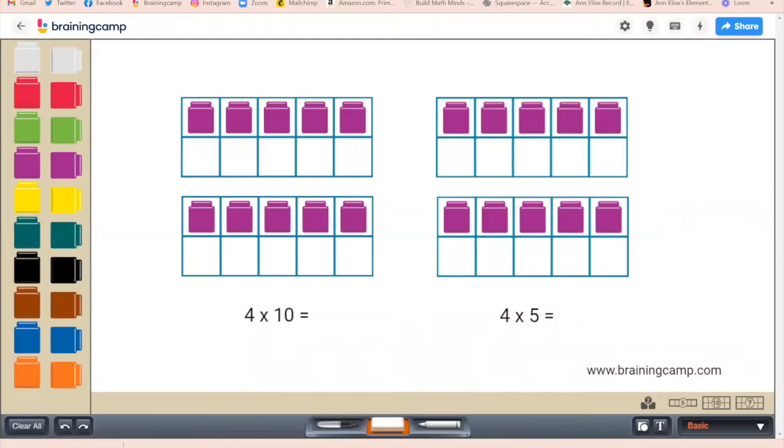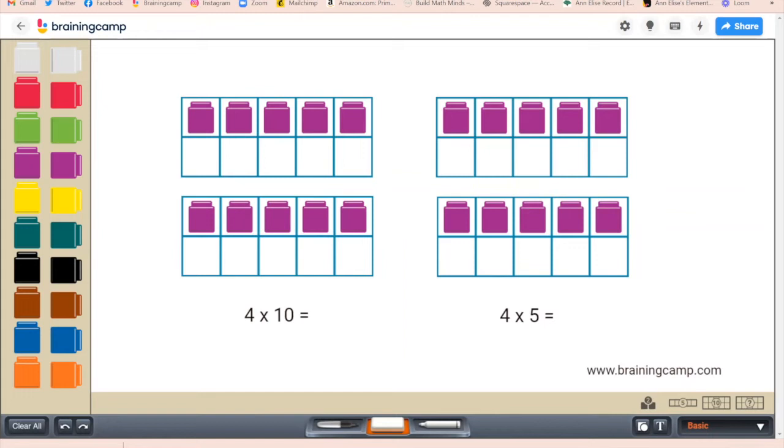And so having 5 groups as being half of 10 groups, if we can begin exploring that with our 3rd grade kiddos as a beginning to learn their times 5 facts, super crazy powerful. So here are some visuals to help us see how this relationship is happening, the 5 groups being half of 10 groups. Here you have this 10 frame organization in this Linking Cubes app in Brainingcamp. Each of these 4 10 frames has 5 of the Linking Cubes.